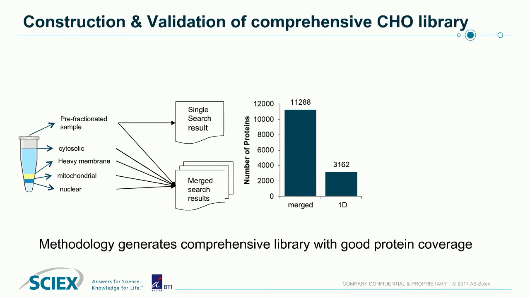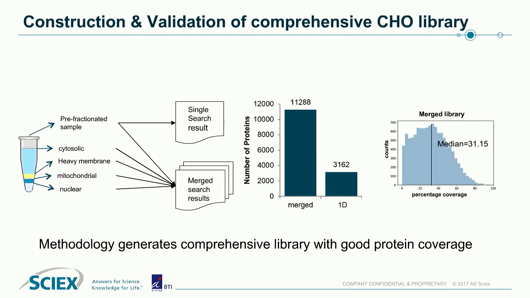For example, in a single one-dimensional run, the identification from the cellular-based materials is around 3,200 proteins. Protein coverage is important, because we need good coverage to say that we can accurately quantify these proteins. We have a median sequence coverage of around 30%, which is very good on all of the proteins which are present.